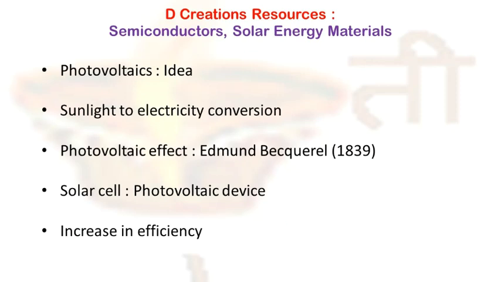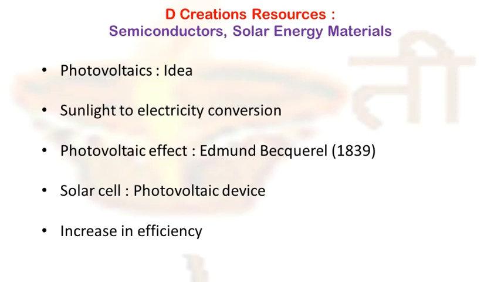And when this electron hole pair is separated across the PN junction, it will result in generation of voltage, since there is a charge separation. This voltage will be generated across the junction, and this voltage can drive the current in an external circuit, and so power can be extracted from the solar cell.